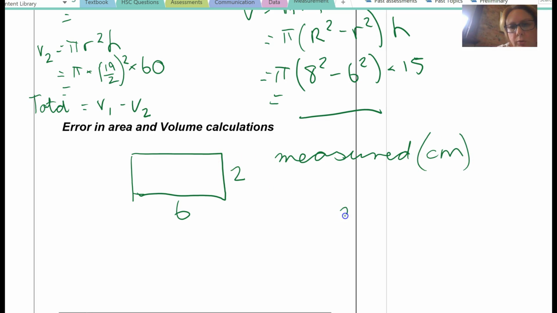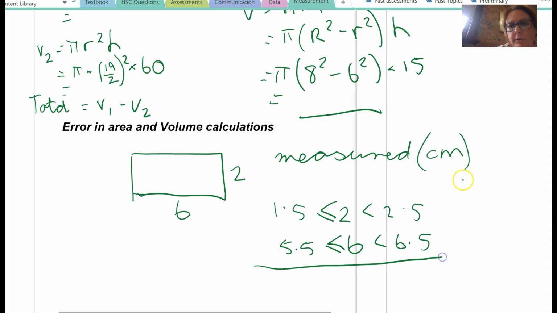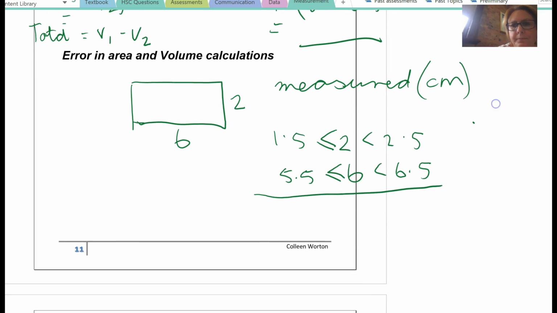Okay, this 2 could be 2.5 or 1.5, and this 6 could be 6.5 or 5.5. Now if I wanted to find the area, I would times the 2. So if the question says what is the range of the errors with the area, 12 would be the answer I gave because I've rounded.